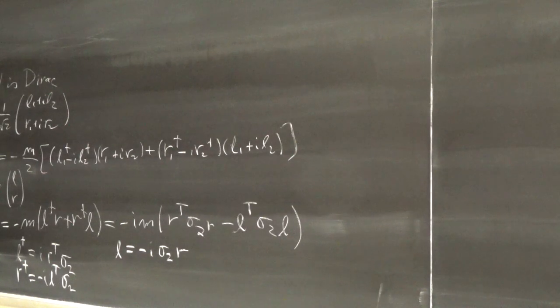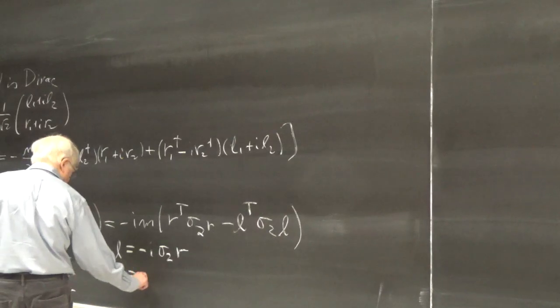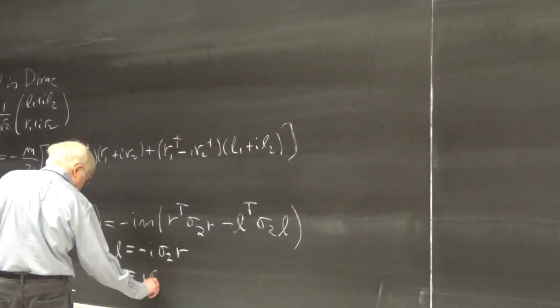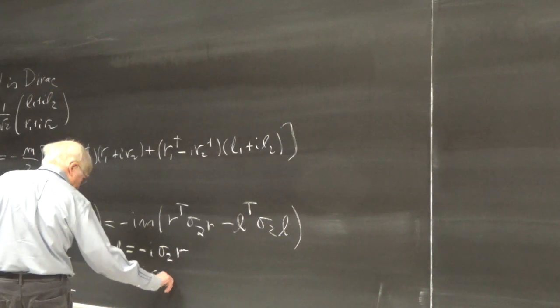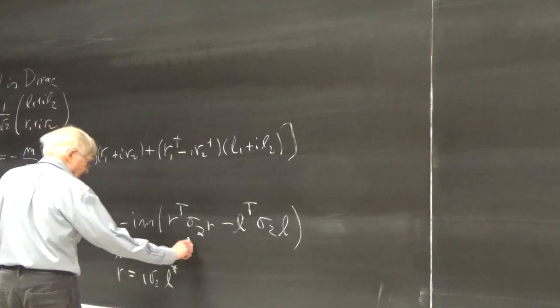And if you take the adjoint of that equation, you get that R is equal to i sigma 2 L complex conjugate.